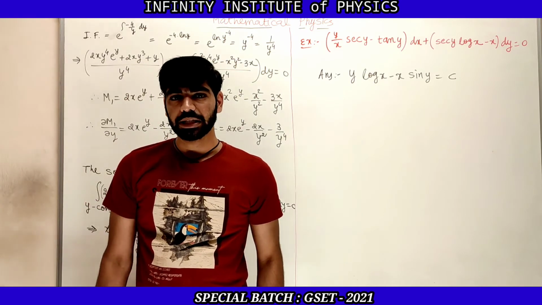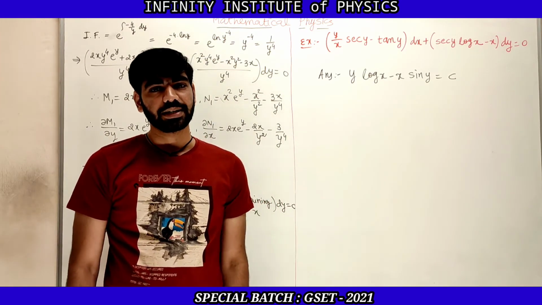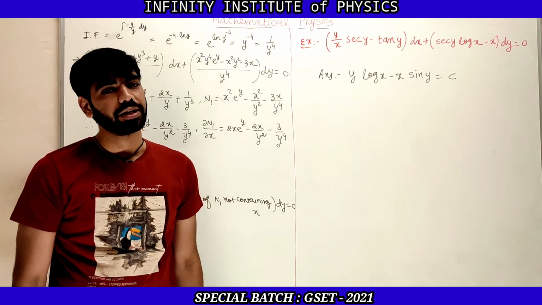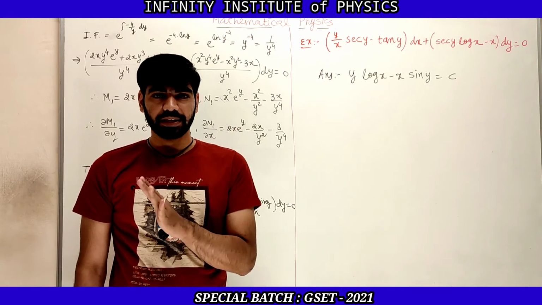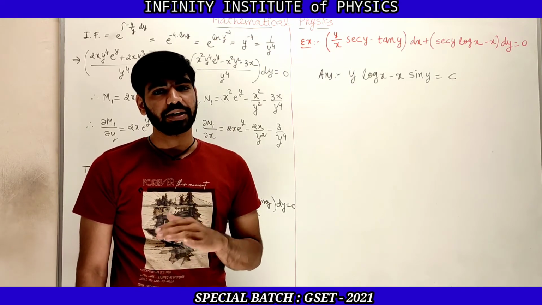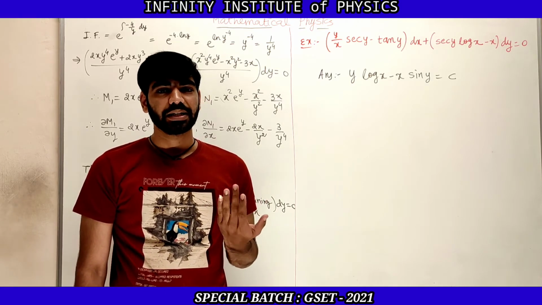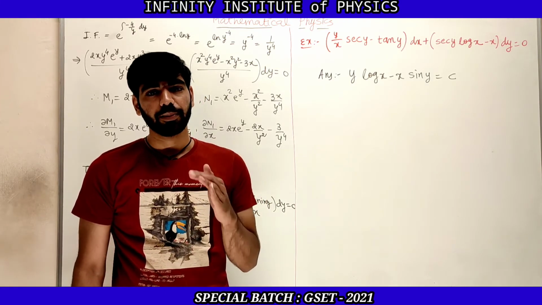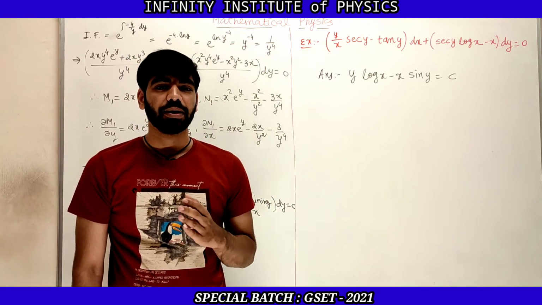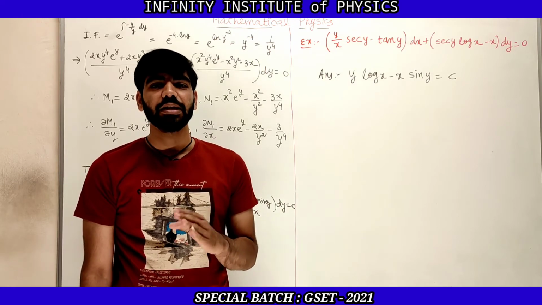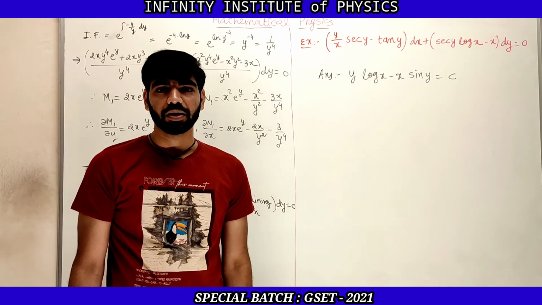Now next we are going to study case number 3 related to non-exactness, in which, if we have a differential equation of the form y f1(xy) dx + x f2(xy) dy = 0, and if it is non-exact, then the integrating factor will be 1 upon (mx minus ny), and then we can multiply it to the given differential equation, and using that we can find the solution.